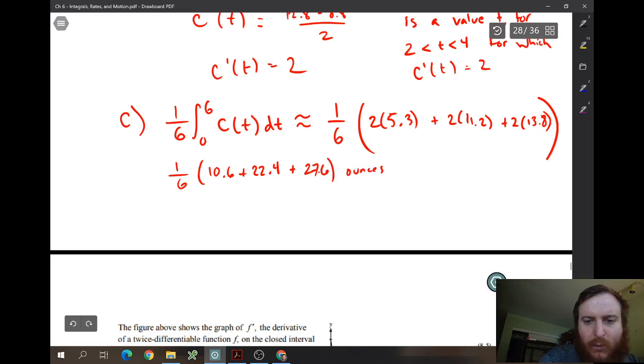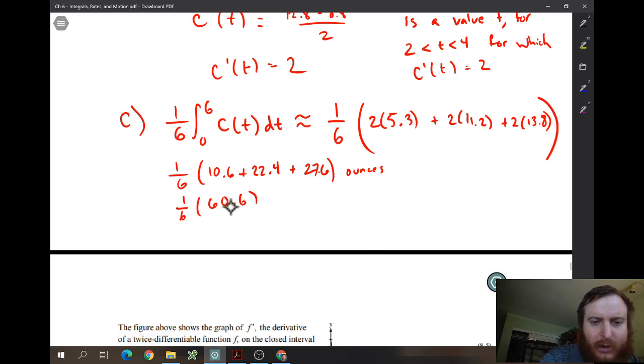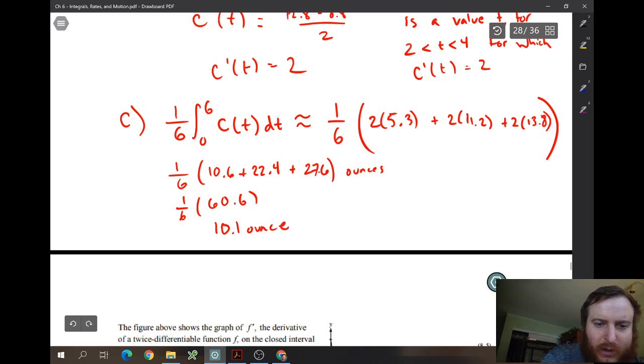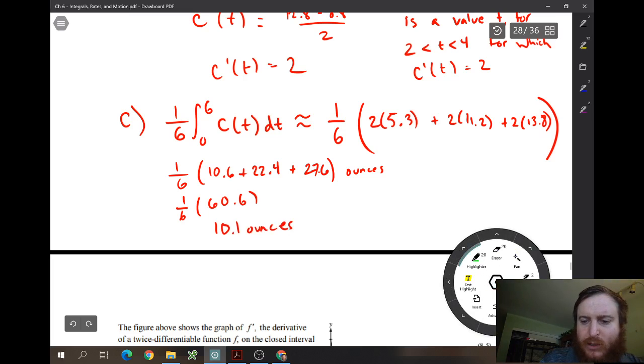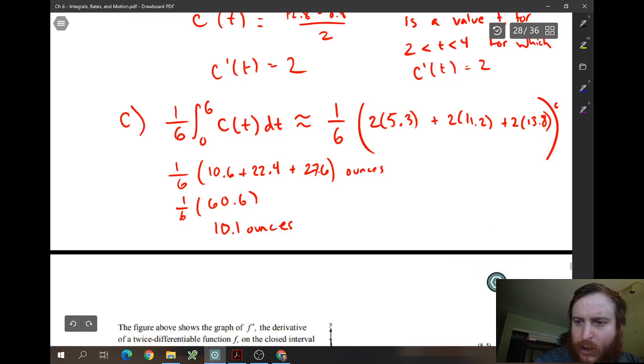And you could just leave that. I wouldn't even bother to keep going, but if you really had to, you're going to get 1/6 times 60.6. 60 divided by 6 is 10, and 0.6 gives us 10.1 ounces. So you could have done this all the way by hand, but as long as you have the word ounces, and even up here, ounces.